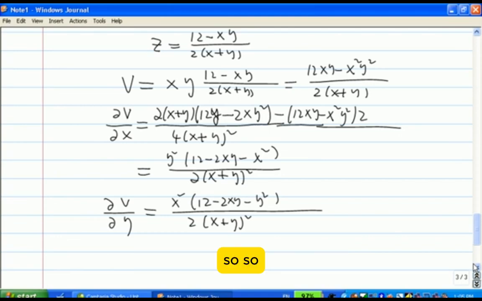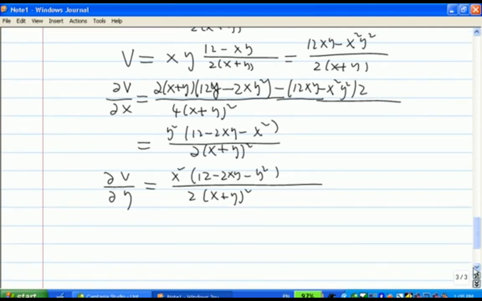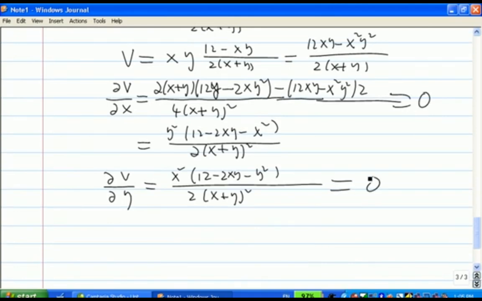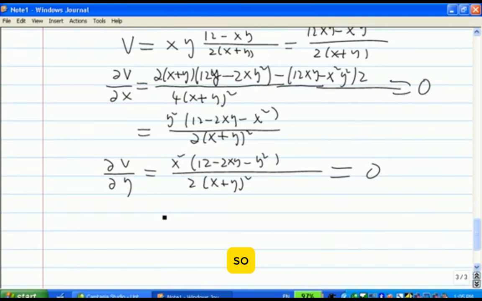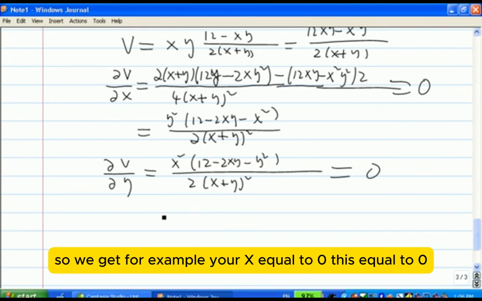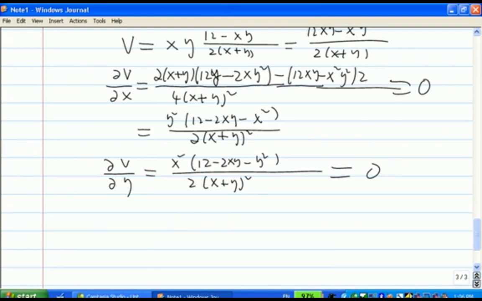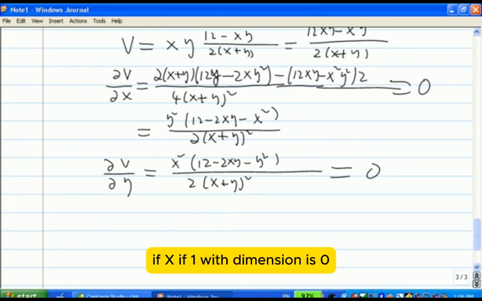So we need to find two partial derivatives and set them equal to 0. For example, if x equals 0, this is equal to 0. That's not what we want. If one dimension is 0, you don't have the box. So we can forget about that case.